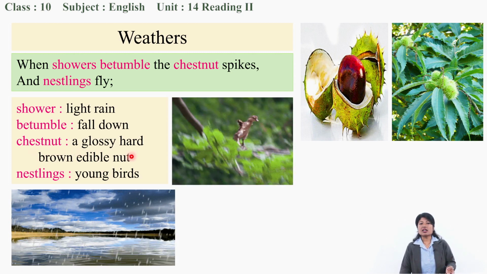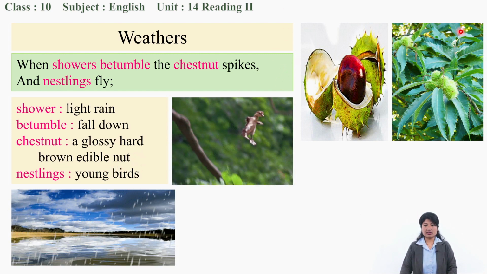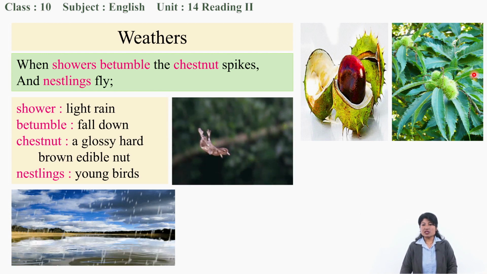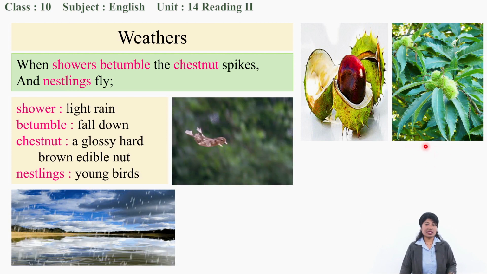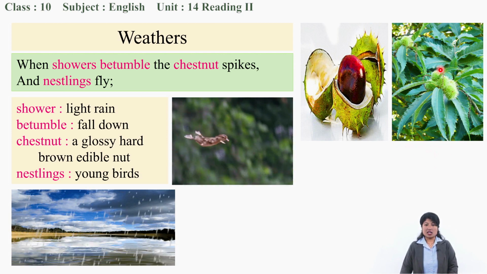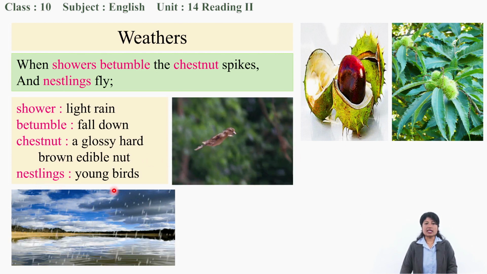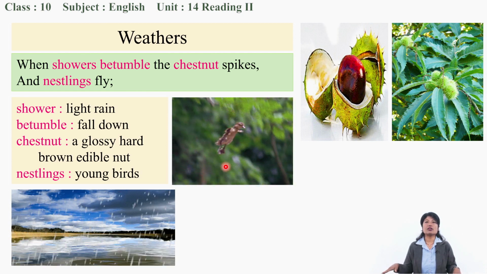Chestnut is a glossy hard brown edible nut. Here is a picture of a chestnut. This is a chestnut tree and the leaves of the chestnut, which are very spiky, thorny, pointed. Nestlings are young birds who just started to learn flying.